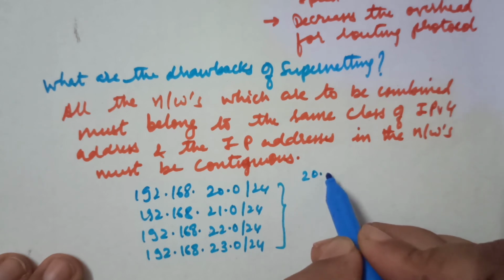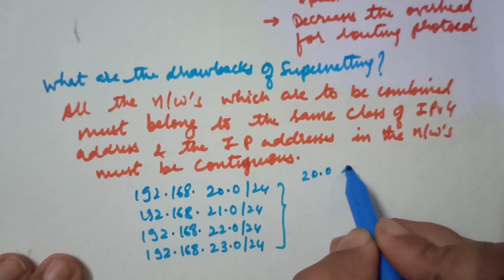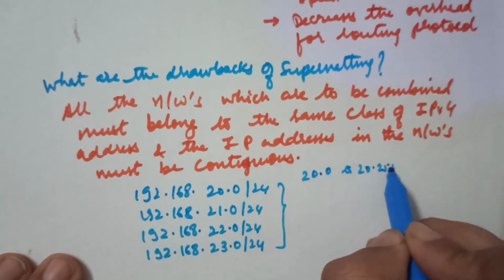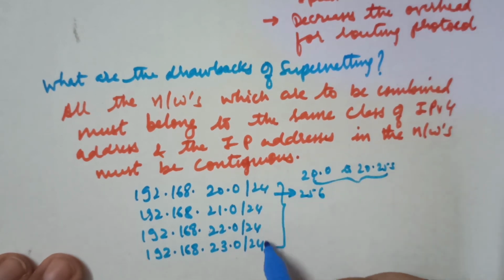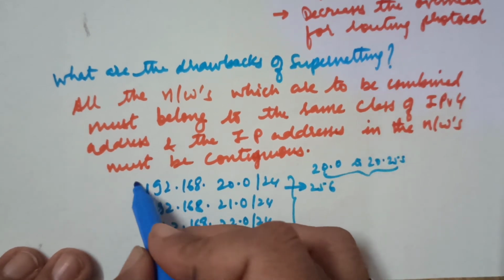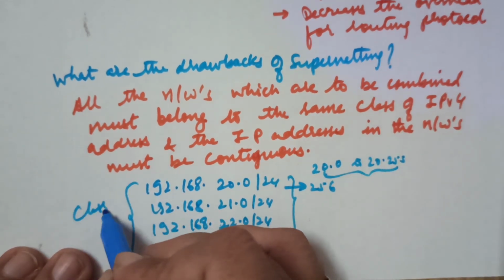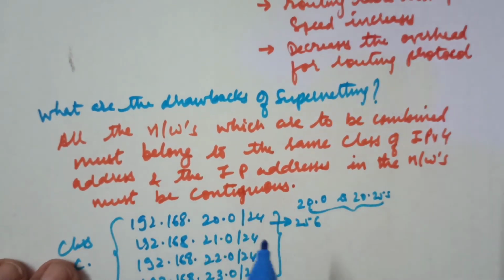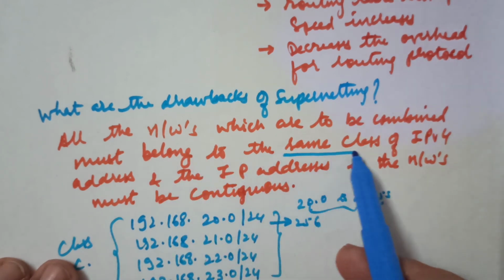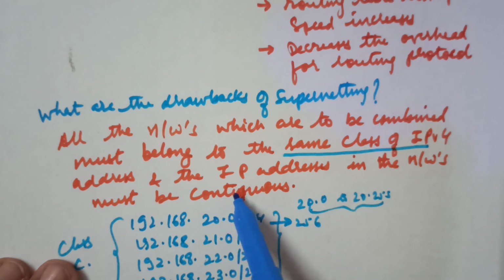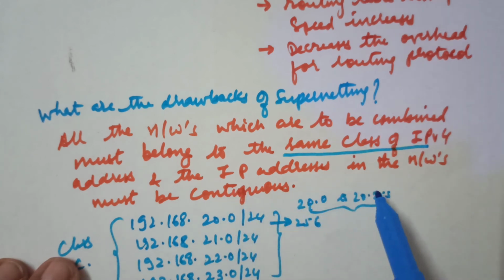The 20.0 network will cover 20.0 to 20.255 addresses. So there are 256 addresses in each block here, and these are contiguous IP addresses, and all of them belong to the same class, Class C. So this is the drawback of supernetting. It requires that the IP addresses must belong to the same class of IPv4 address, and the IP addresses in the networks must be contiguous.